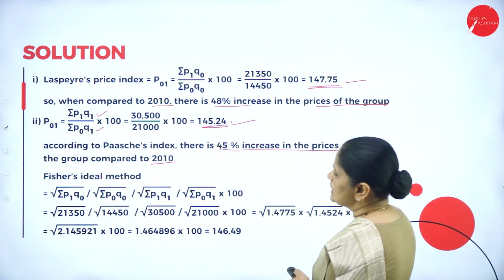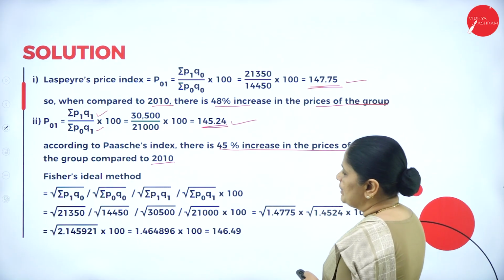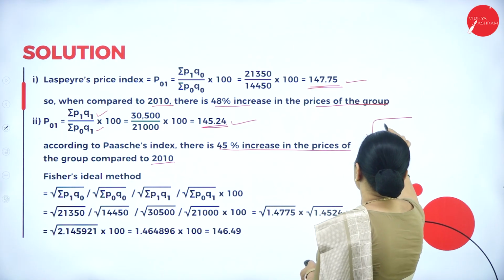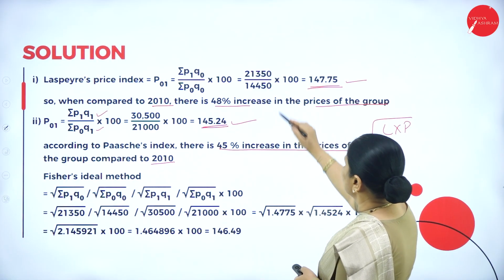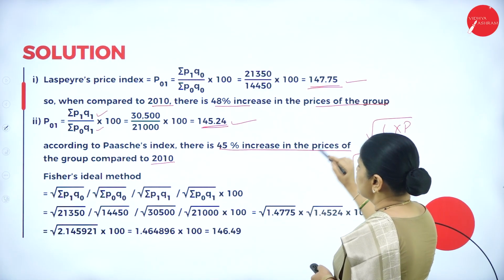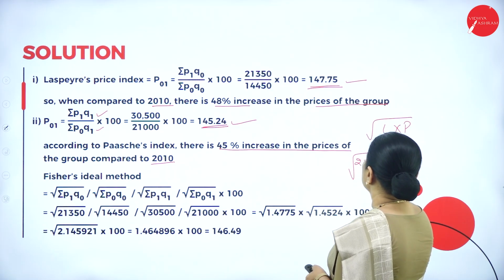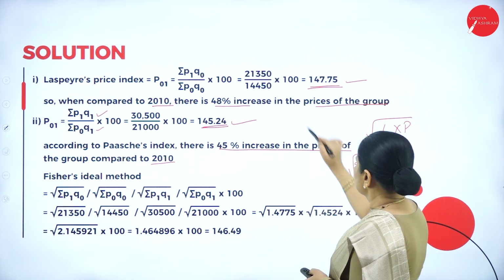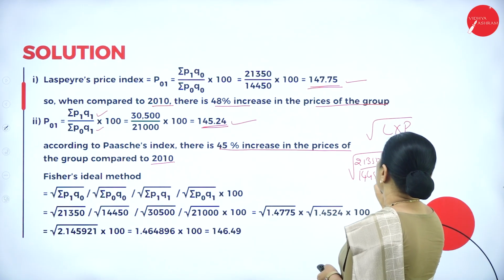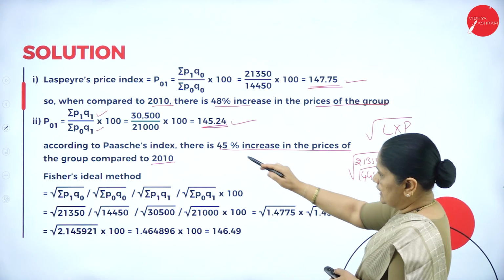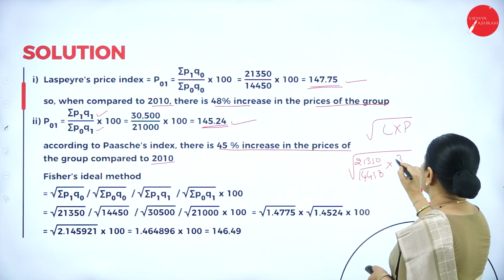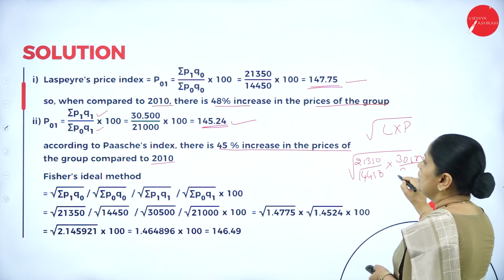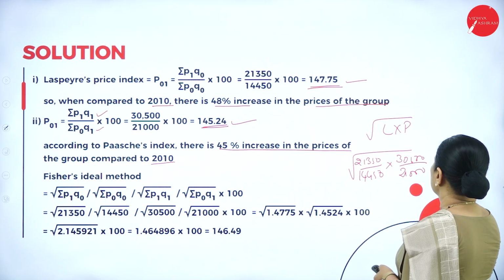Now in the Fisher's ideal method, we will be clubbing both the last year's and purchase method. So we will write it like this: 21,350 by 14,450 into 30,500 by 21,000 into 100.